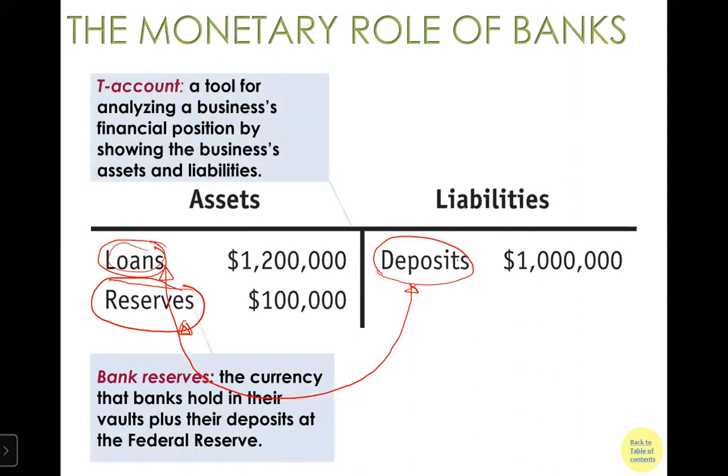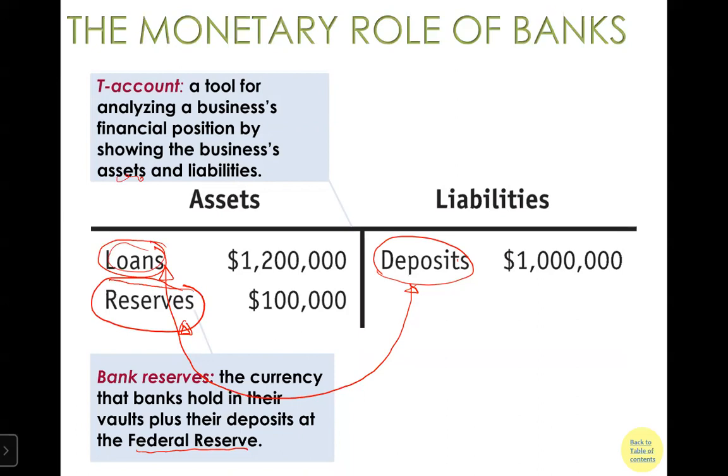Okay, so here are those explanations. This T account is a tool for analyzing a business's financial position by showing the business's assets and liabilities. And the bank reserve is the currency that banks hold in their vault plus their deposit at the Federal Reserve. The Federal Reserve here is the central bank.